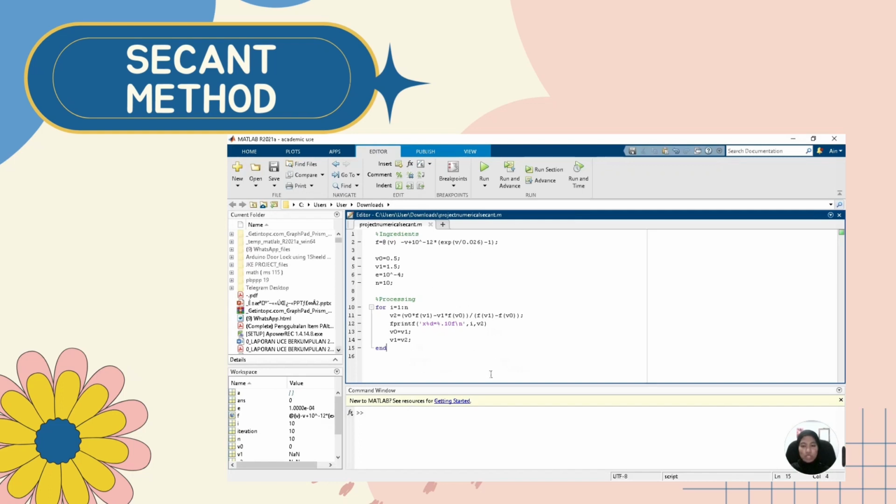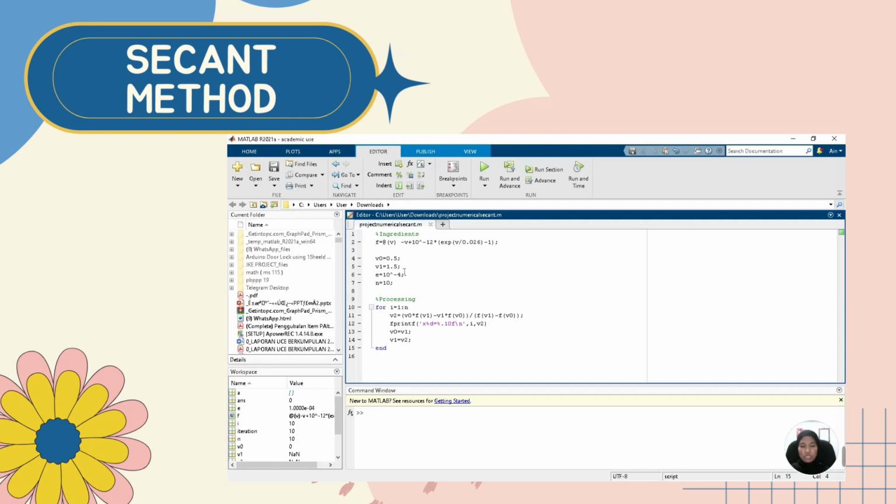This is our coding for MATLAB. The equation we put here is f equal to negative v plus 10 to the negative 12 exponent v per 0.026 minus 1. V0 is our first initial guess, which is 0.5.